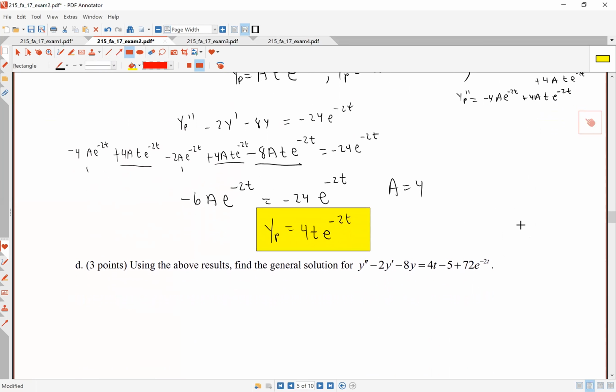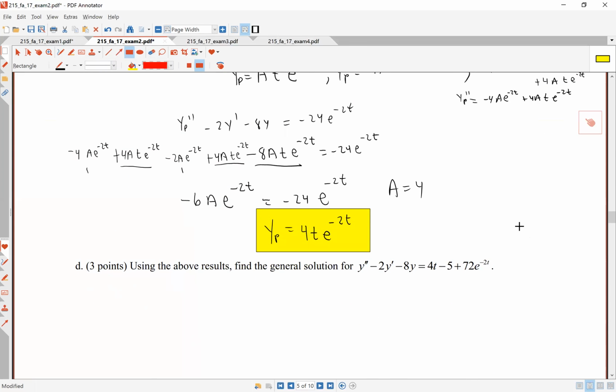Okay, now we see that from B, y particular 1 was 4t minus 5.